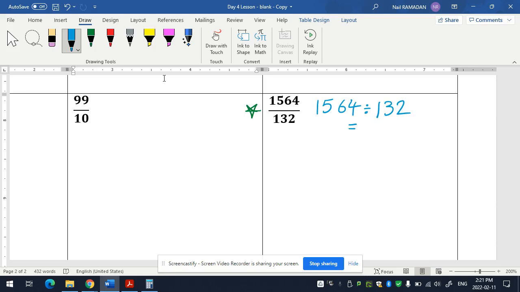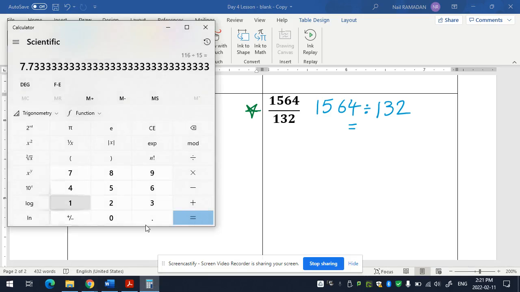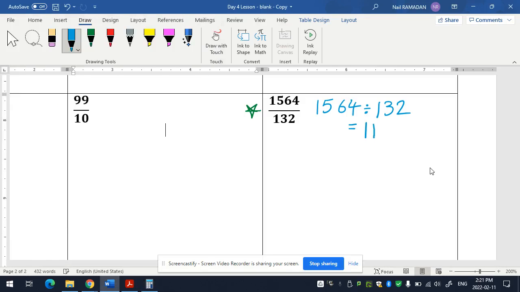So 156. Sorry, $1,564 somehow given to 132 people gives you 1564 divided by 132. Wow. Interesting. Look how it repeats: 84, 84, 84, 84 forever. But at least we just need a couple of decimals.